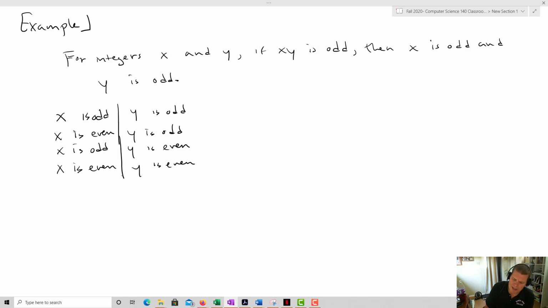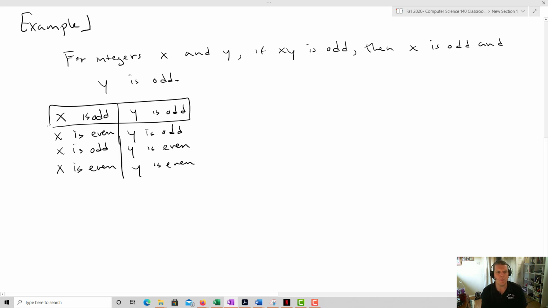But what you want to notice is that for this statement to be true, we need both of these to be true: x is odd and y is odd. So what we really want is to make sure that x is not even, and we also need to make sure that y is not even. So those are the things that we assume. Let's assume that y is even, and then we're going to induce some kind of contradiction.